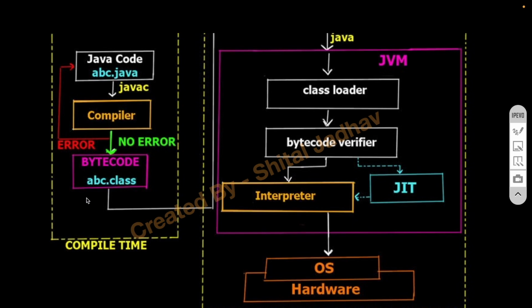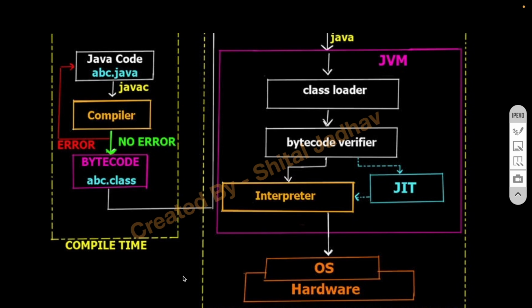Now this .class file you can give to the JVM. For that we use the java command and then give the .class file name. Then the JVM will load that bytecode, verify it, and interpret that bytecode line by line, and then you will see the output. So this is the internal flow whenever we write any Java file.